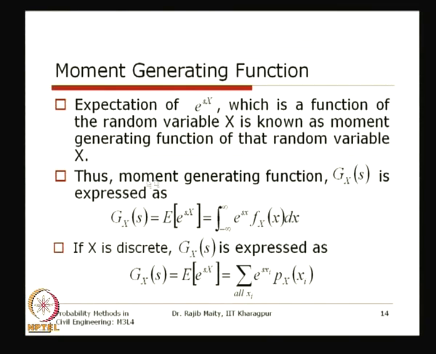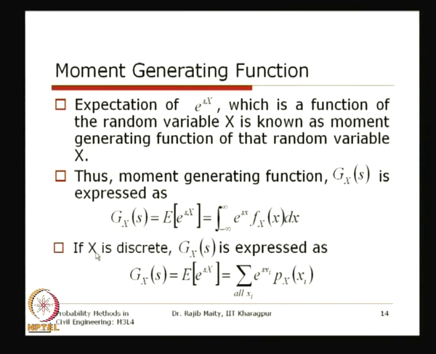How does this expectation look? The moment generating function, denoted by G x of s, is expressed as G x of s equals expectation of e power sx, equals the integral from minus infinity to plus infinity of e power sx, this function, multiplied by the probability density function f x, integrated with respect to dx. This particular function is the moment generating function.